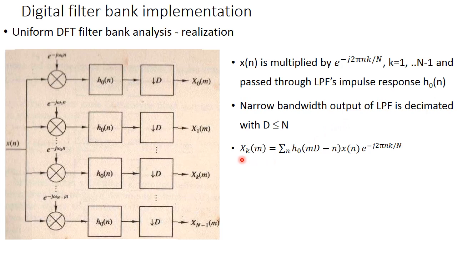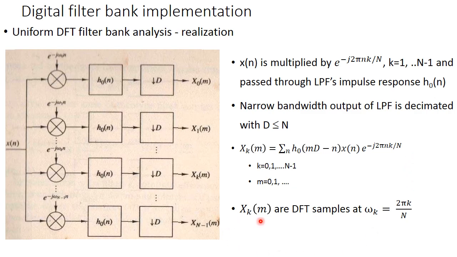So finally your xk(m) is the input x(n) multiplied by e raised to minus j 2 pi n k by N, and then the filter function, h0(Dm minus n) into x(n) e raised to minus j 2 pi n k by N. Here k varies from 0, 1 up to N minus 1, and m is the output sequence, as much as you require.